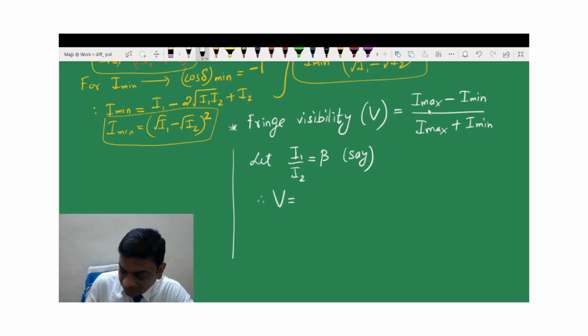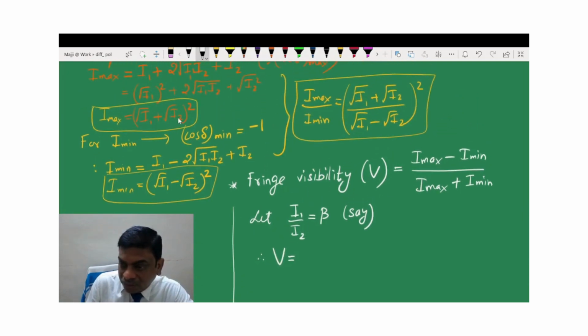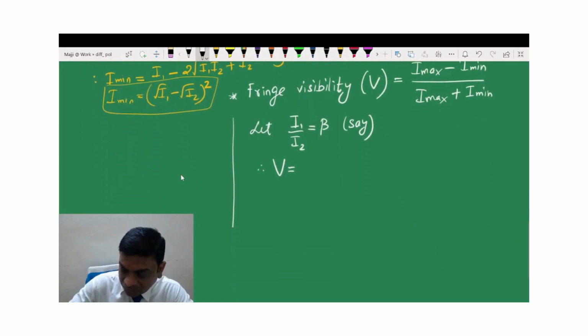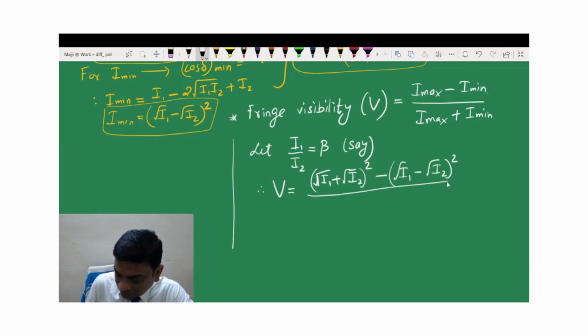See here students, I max is under root I1 plus under root I2 whole square, whereas I min is under root I1 minus under root I2 whole square. So I can write this as under root I1 plus under root I2 whole square minus under root I1 minus under root I2 whole square, whole divided by the same thing with a plus between them.